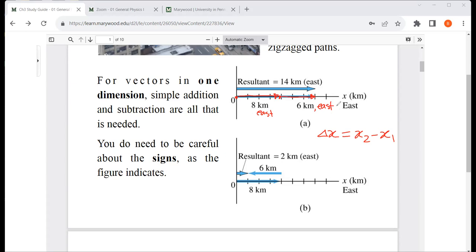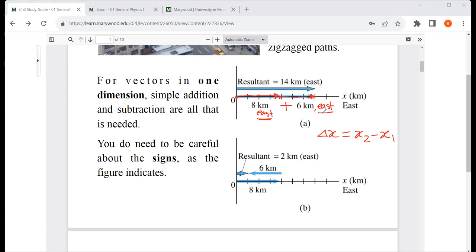Okay, so the total displacement here, or the sum of these 2 vectors, is basically 8 kilometers plus 6 kilometers. Both are in the east direction. So the total resultant, or the sum of these 2 vectors, is 14 kilometers. 8 plus 6 is 14, and because the direction of both displacements is east, the resultant displacement, or the sum of the displacements, is also east.